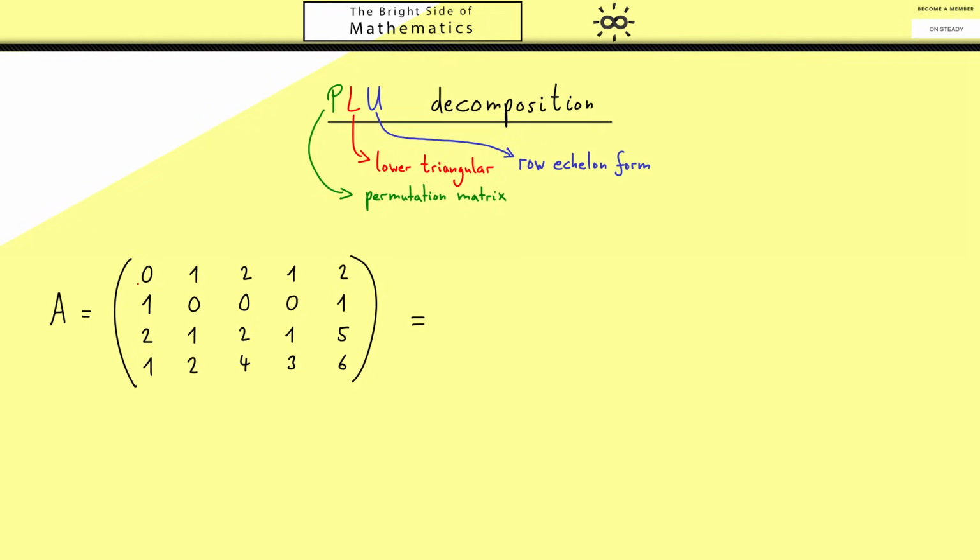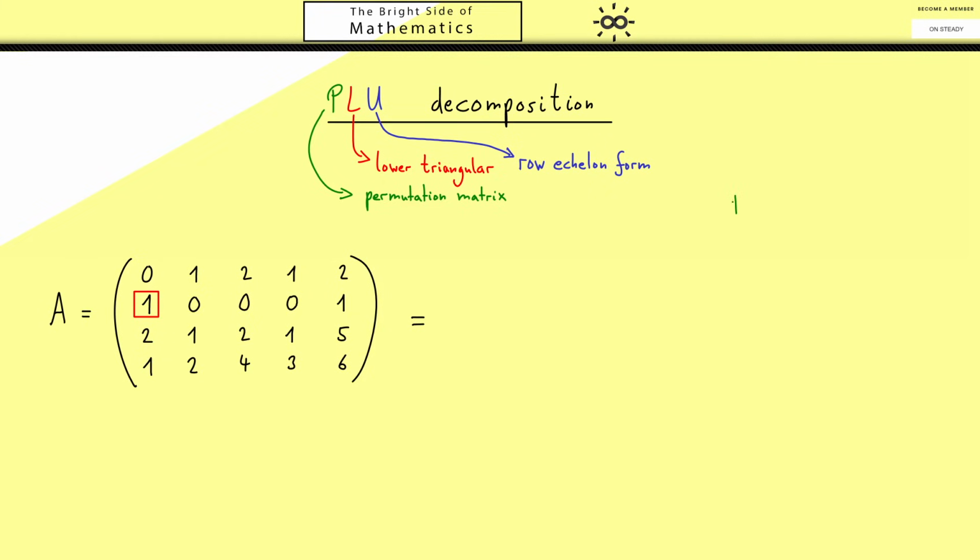Now, if you want to start here with your common LU decomposition, you immediately find a problem. You can't use the 0 as a pivot to eliminate all the other numbers in the first column. Hence the first step you need to do is to go through the column to find a non-zero element to use as a pivot. Okay, we find it in the first row, therefore we need to exchange the first and the second row.